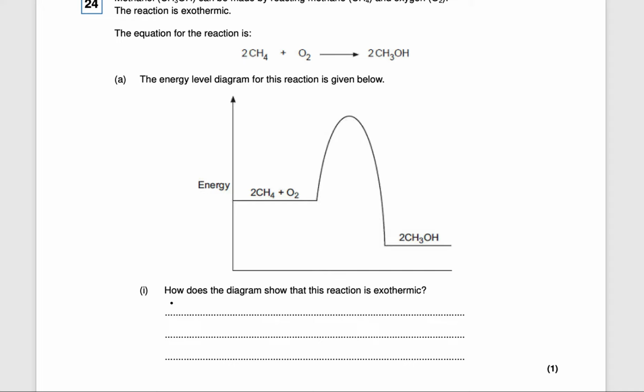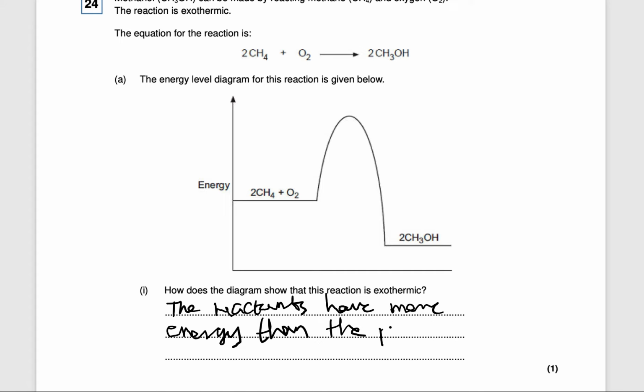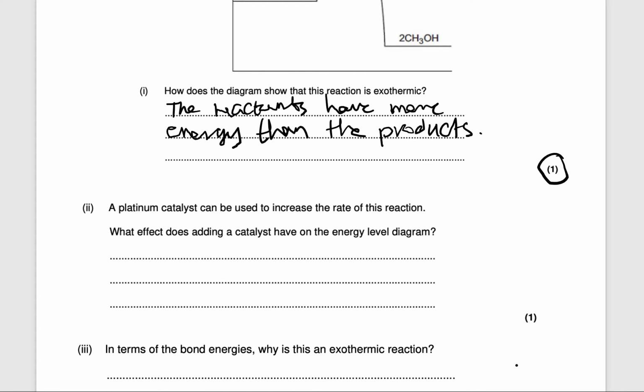All you need to say, the reactants have more energy than the products. Okay, and that will get you 1 mark.